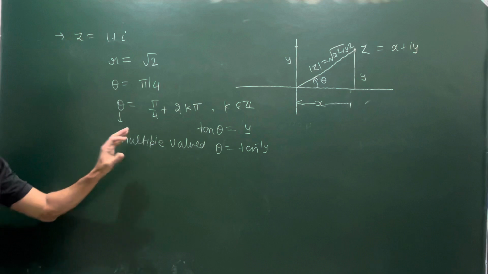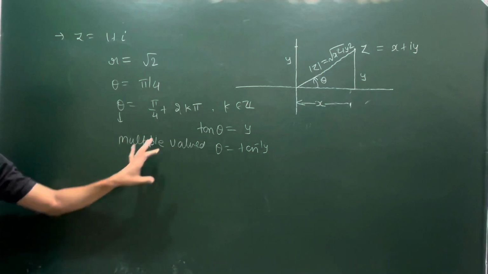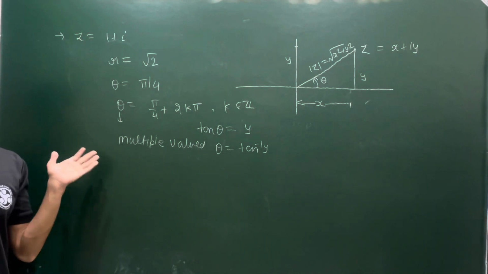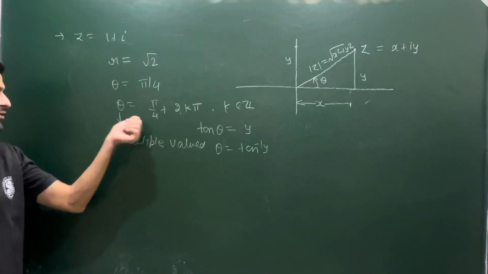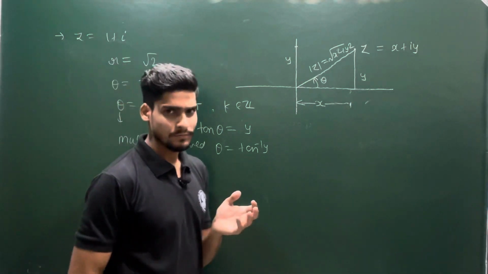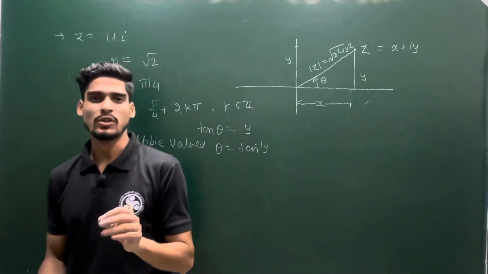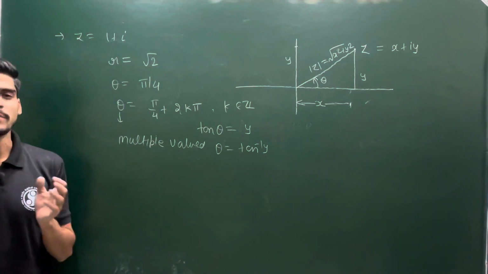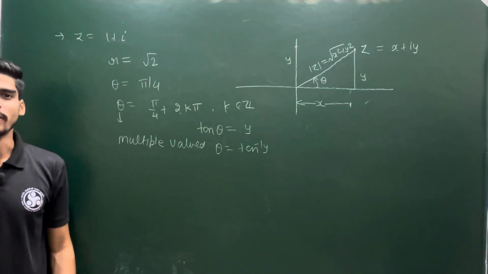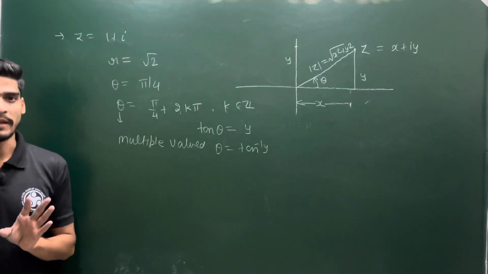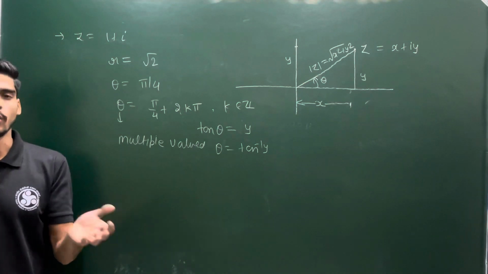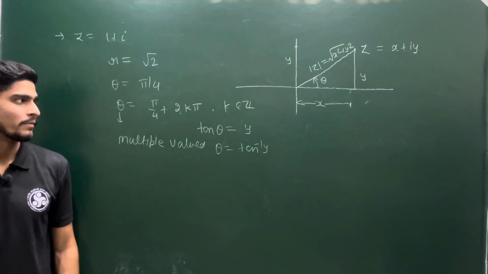But we want to make our situation easier, or you can say more comfortable, so that if we are working with the argument, we should have one argument. Suppose you are 50 students in your class and I say you do this, second you do this, third you do this. I cannot check the work of everyone in my 1 hour period. So I have to give you a unique way so that you can do all those problems.